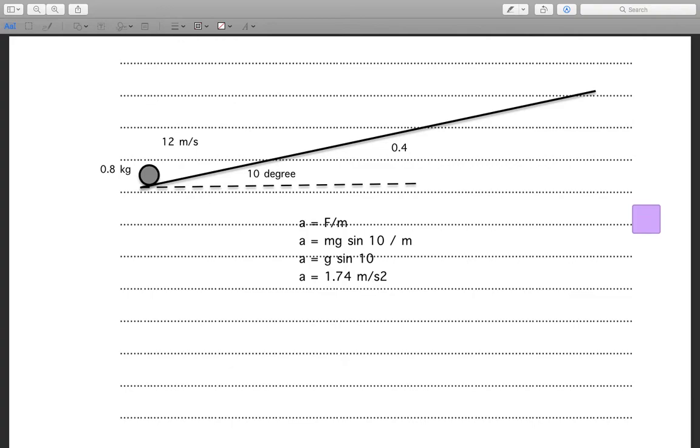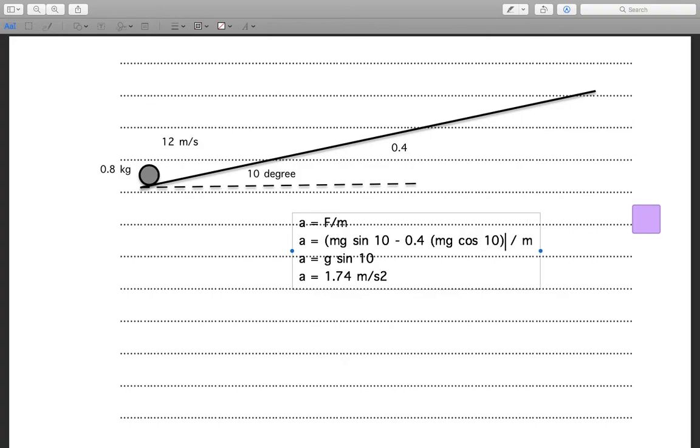Oh, sorry. I think I have this the wrong way, because we have frictional force. This is also mu 0.4 times mg cos 10.